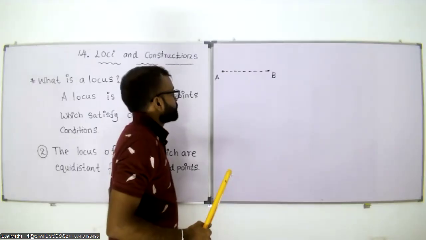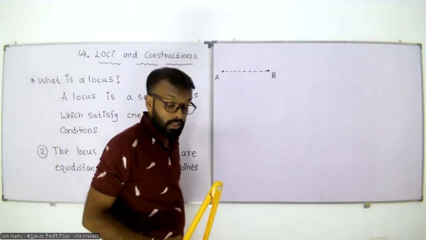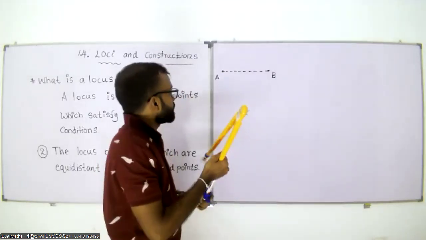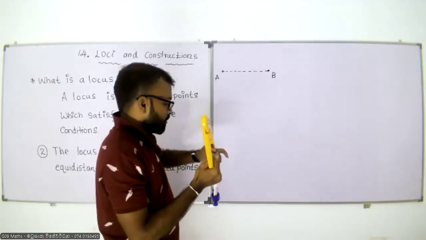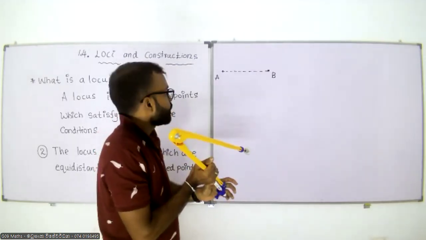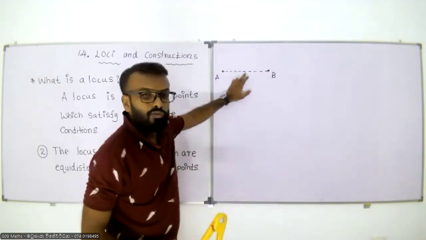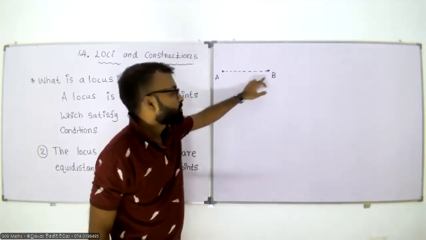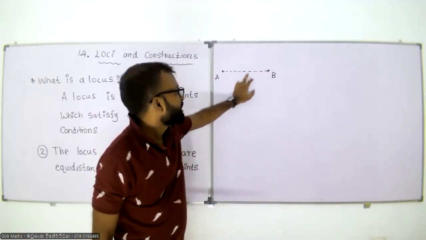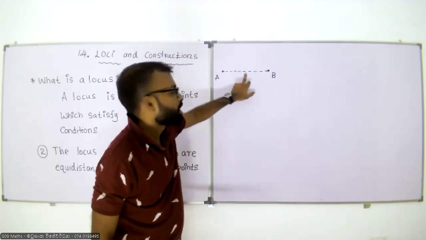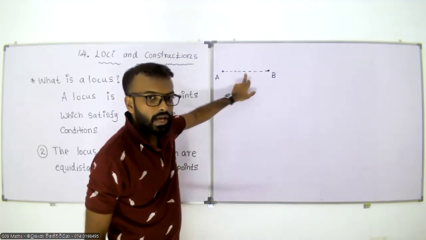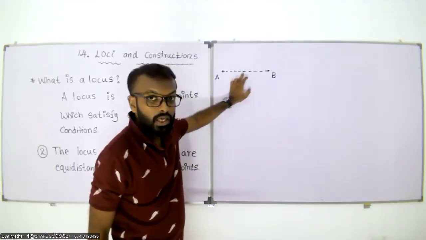Now, what you are going to do in the first step is imagine where the half of this AB line could be, exactly half, somewhere around here, at the middle point of this AB line.